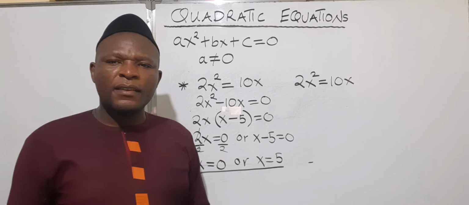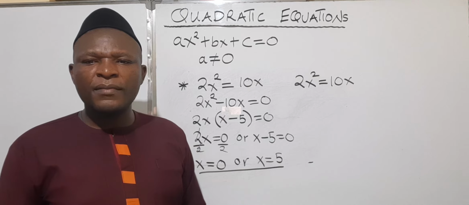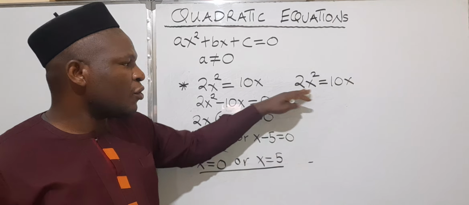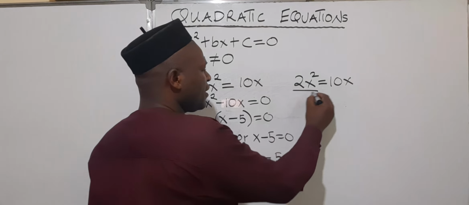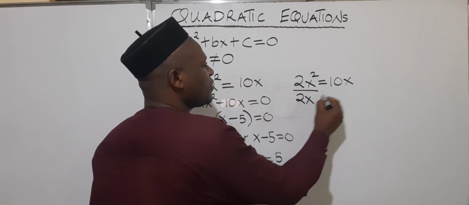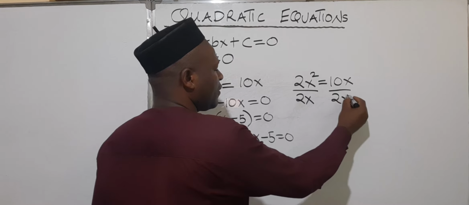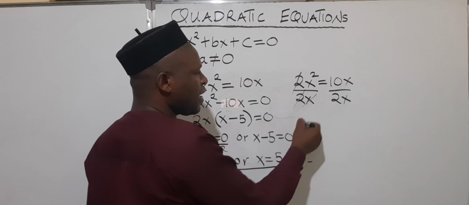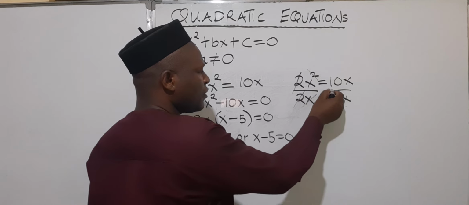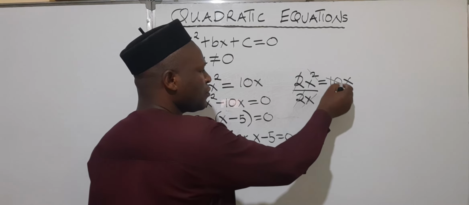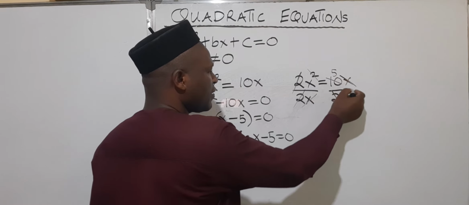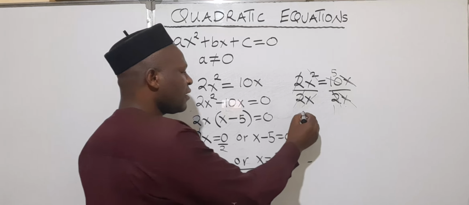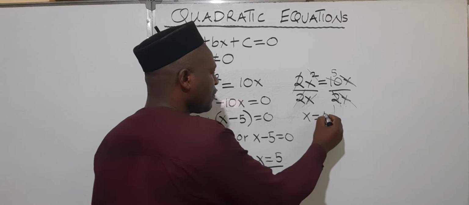If you are panicking, because every exam has a specific duration, you may end up doing this, because this is what is common. Then you cancel this, you cancel that, then you cancel an x there. 2 into 2 is 1, 2 into 10 is 5, then the x here cancels with that other x. So you will say x now equals 5.